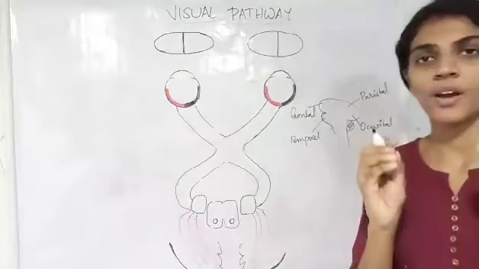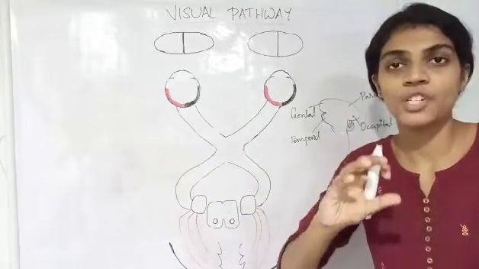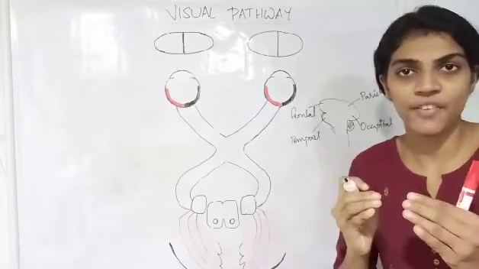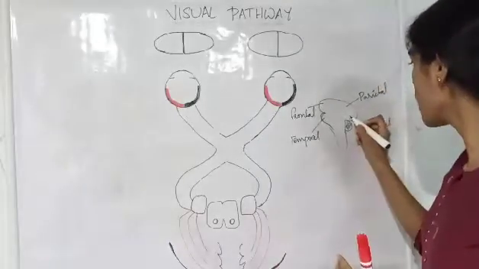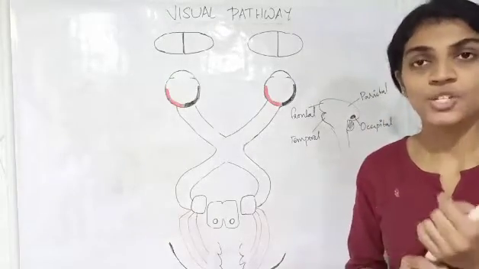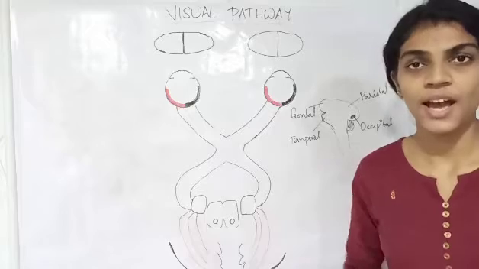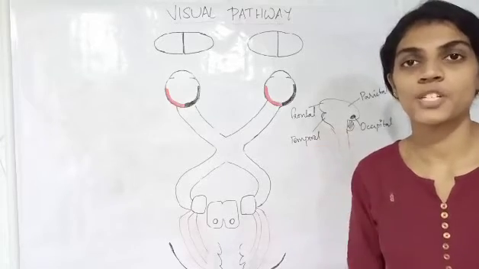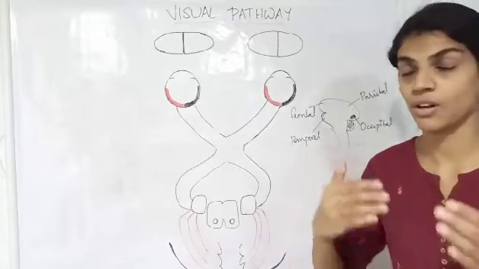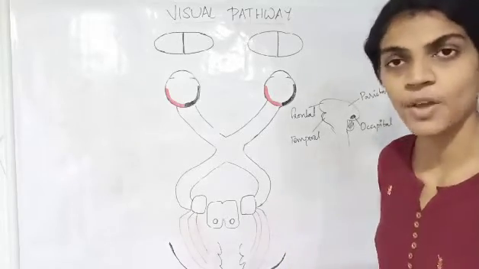So the visual cortex, or the visual center, is located in the occipital lobe of the brain. Now we are going to see how these impulses are transmitted from the retina to the visual center in the occipital lobe.